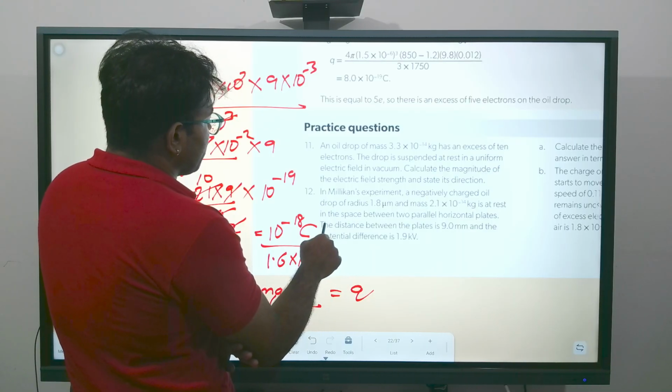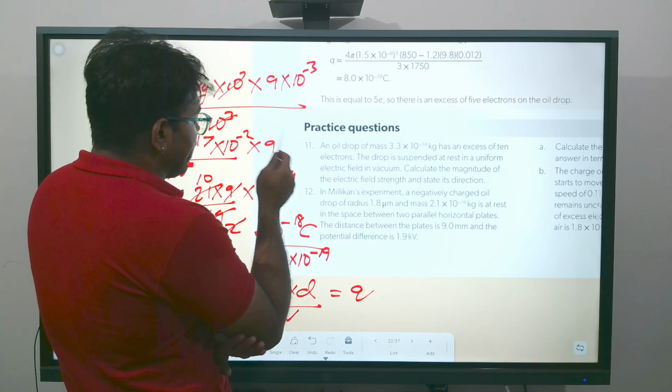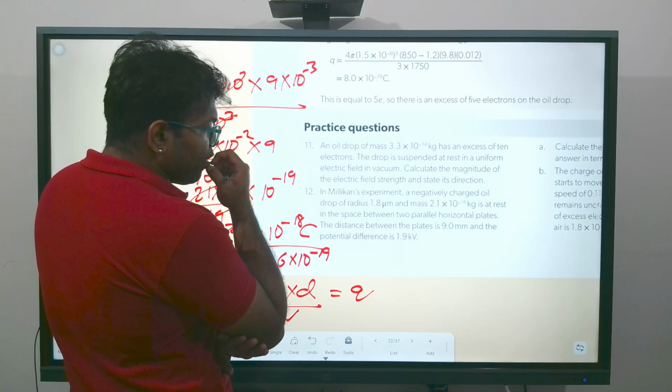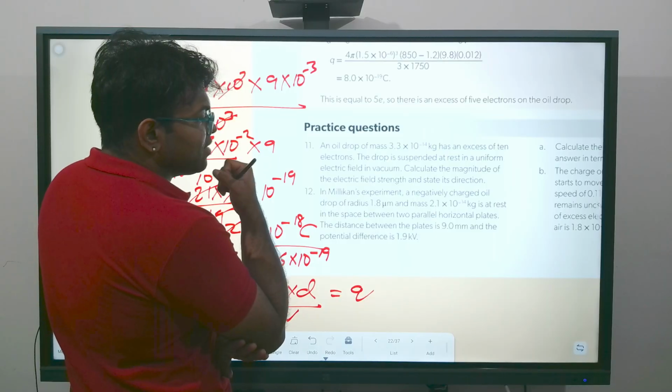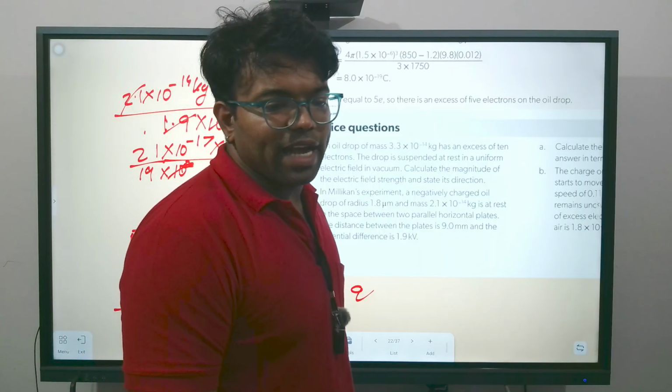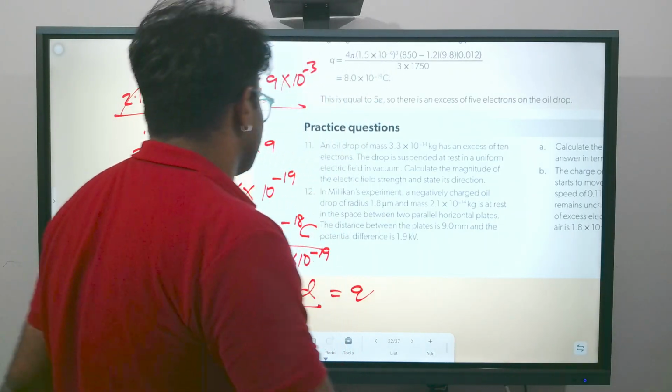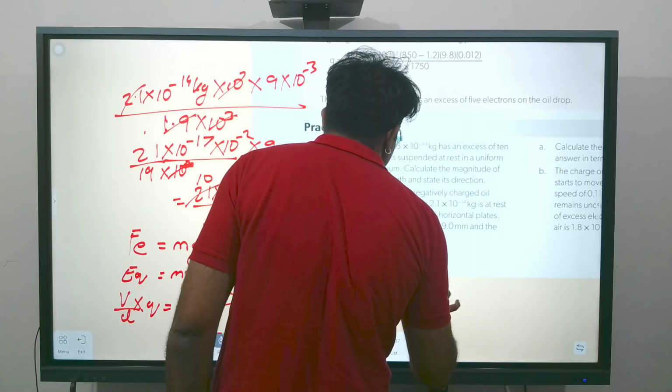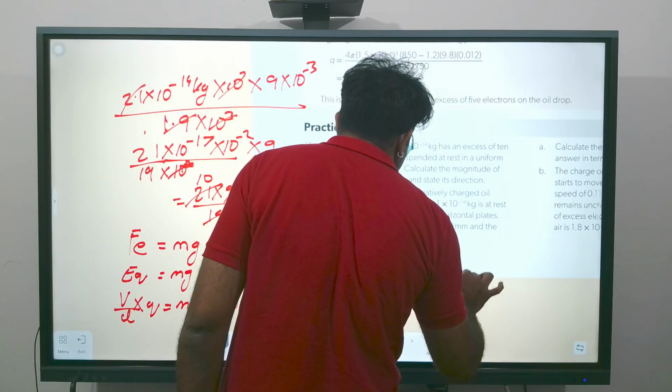When it goes up it becomes 10. 1 upon 10 upon 1.6 becomes equal to how much? 16 6 are all approximately 6 electrons. Is the answer correct? 6 electrons. Approximately you will get 6 electrons.